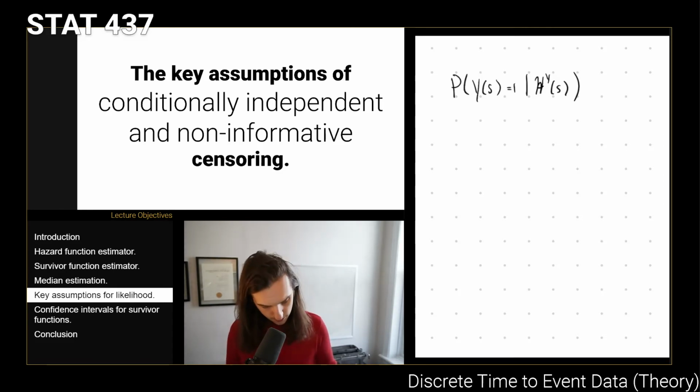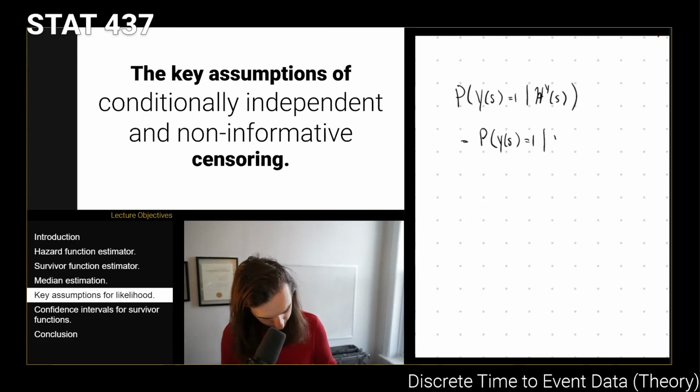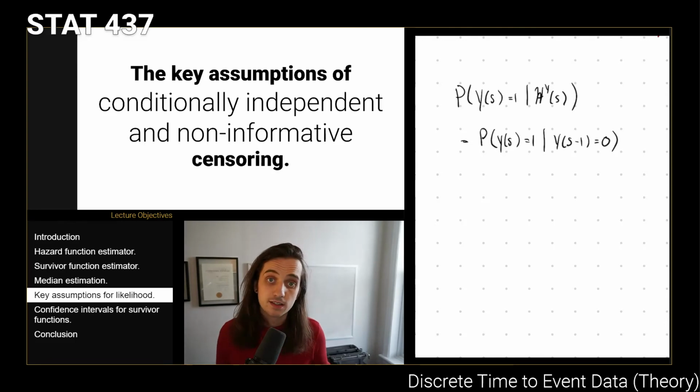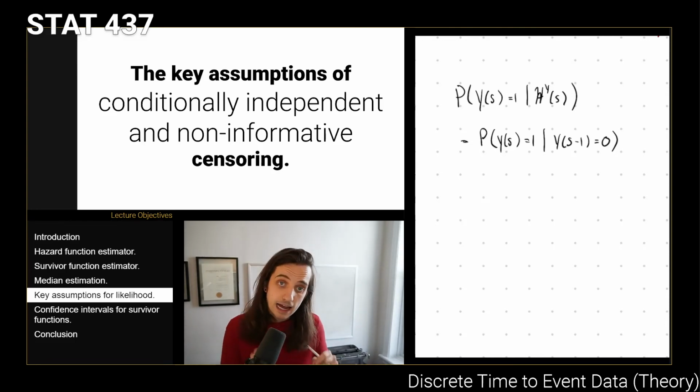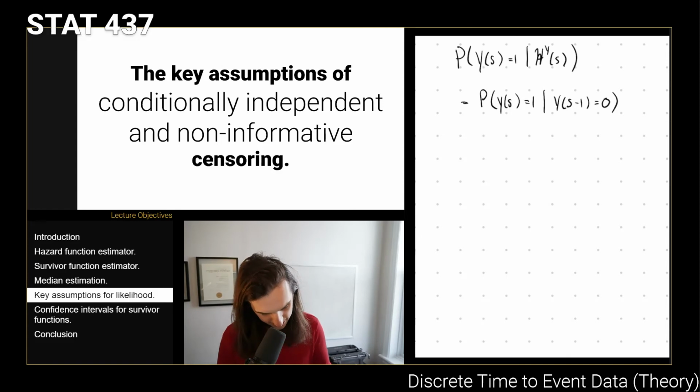And given all of the notation that we've been using, and given the fact that our product stops at ci, this is just going to be the probability that ys equals 1 given the fact that ys minus 1 is equal to 0. So it's the probability that the event happens, assuming that the event has not yet happened, right? And what you should see here is that this is actually equal to h of s.